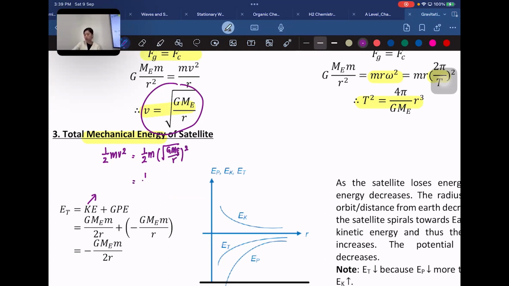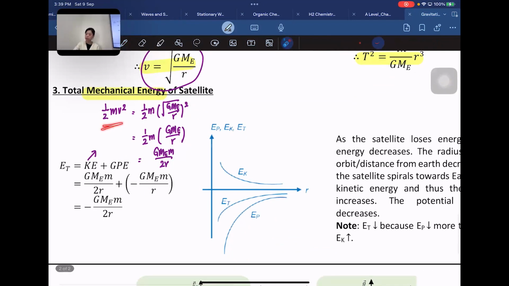So this gives me half m GM over r. If I put everything together, I'll get GMm over 2r. Can you see that because of this formula, my KE is positive, so I draw it in the positive region and it still obeys the inverse law function, so curve down.